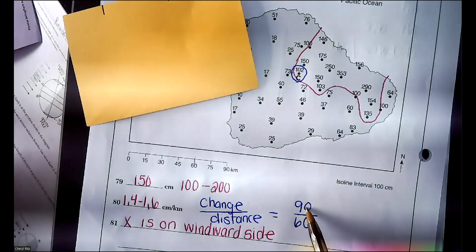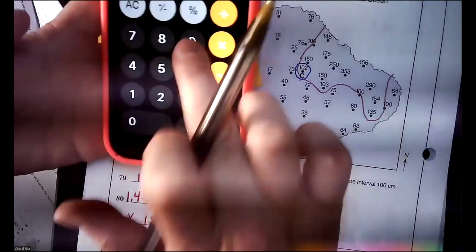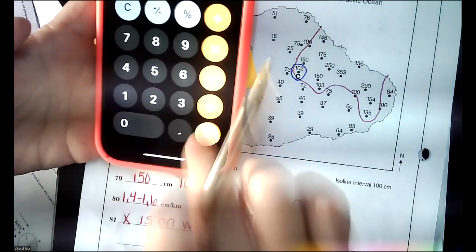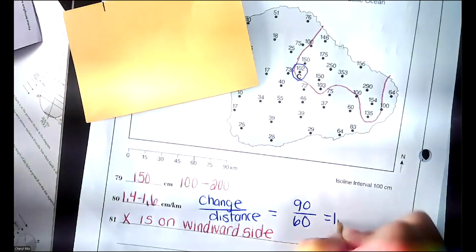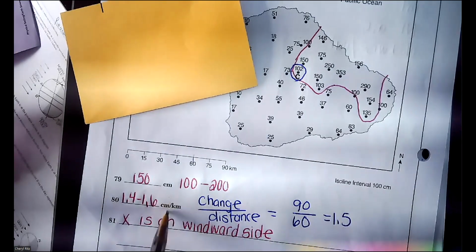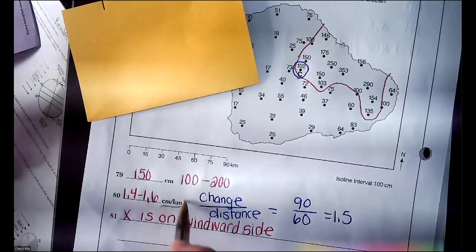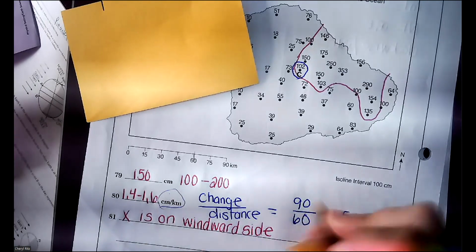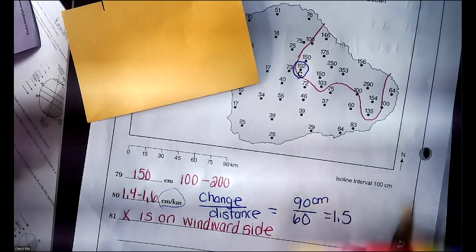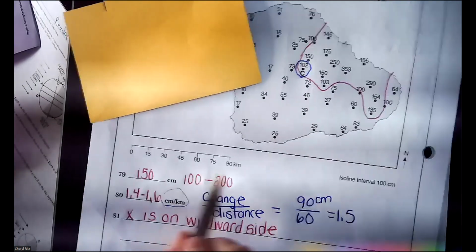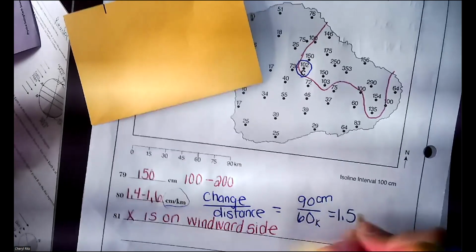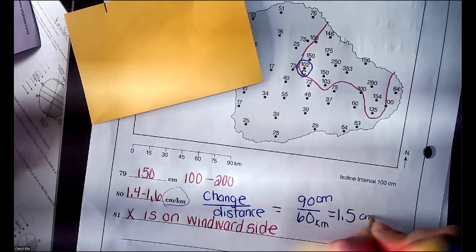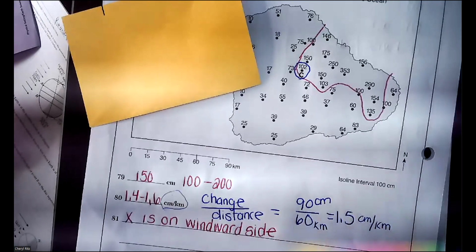It's 90 on top. 90 divided by 60 is 1.5. Now, I am surprised they gave you the units here. So make sure you know where those units came from. It was 90 centimeters and 60 kilometers, which gives you centimeters per kilometer.